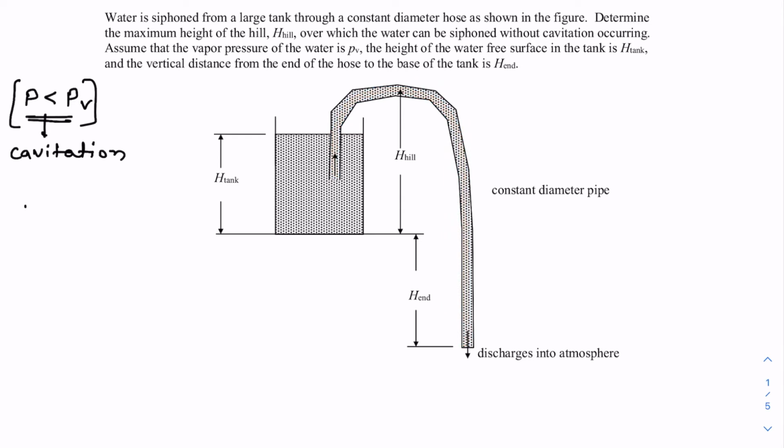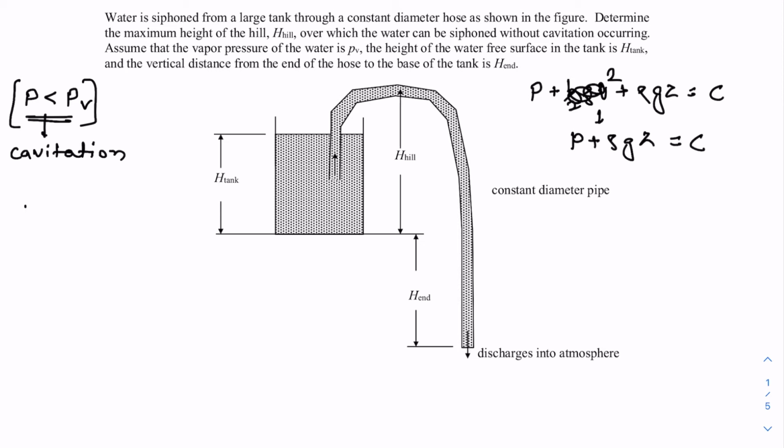So in this case, Bernoulli equation is P plus half rho V square plus rho g z is a constant. So if my velocity is constant, I can remove this, and this will boil down to pressure plus rho g z is a constant.